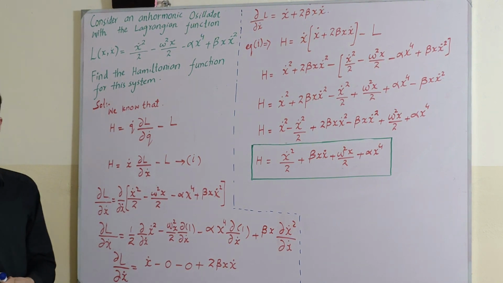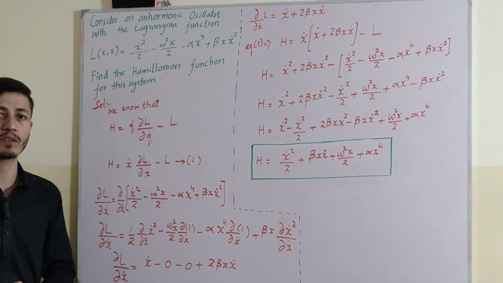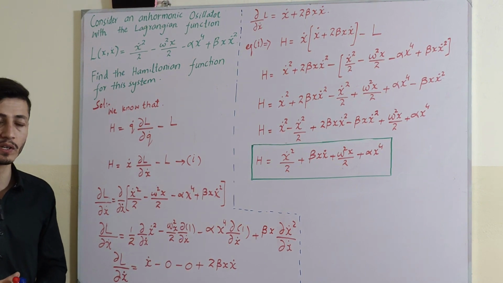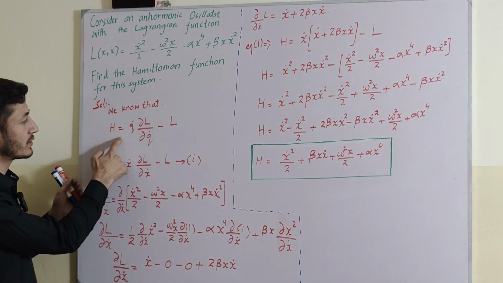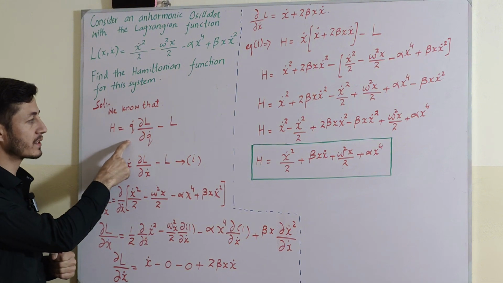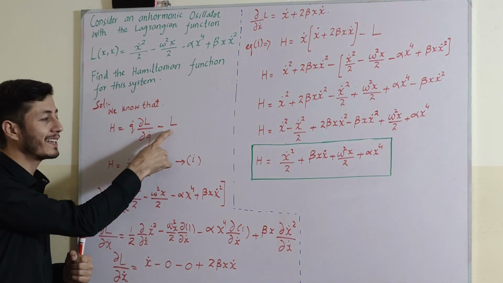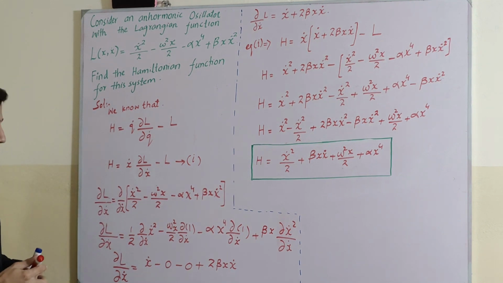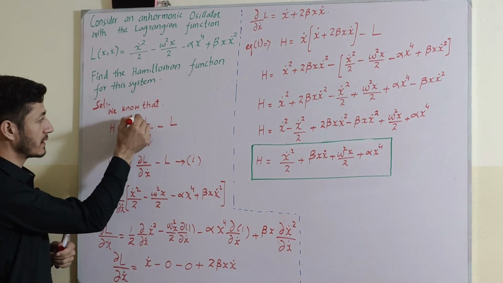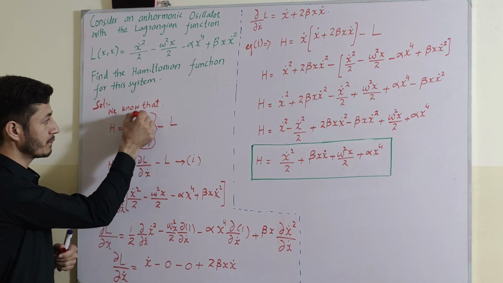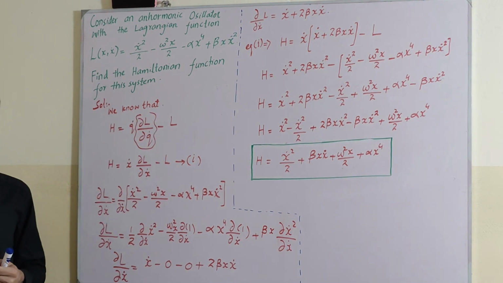Okay, we know a well-known formula that the Hamiltonian function of a system relates to the Lagrangian function. That is, the Hamiltonian function is equal to the velocity coordinate times the partial derivative with respect to the velocity coordinate of the Lagrangian, minus the Lagrangian. Now here we have to first find the partial derivative with respect to the velocity coordinate of the Lagrangian.